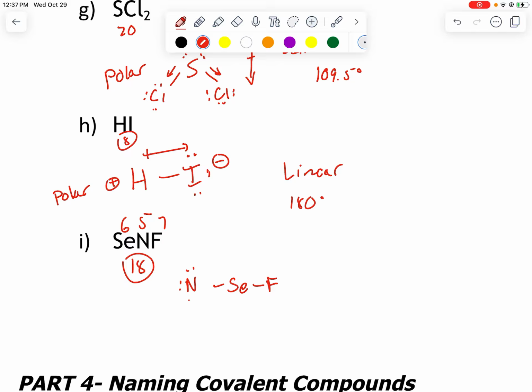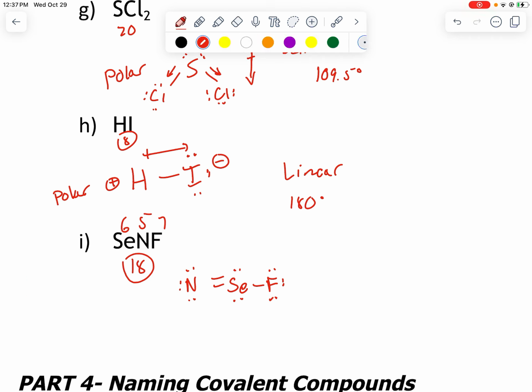Give everybody 8. So this is 20 right here, so we're over by 2. So we're going to double bond the nitrogen because fluorine only really likes to form one bond. Because how do we know that? Fluorine has 7 valence. It has 1 bond available. So it would like to just form a single bond. Nitrogen can form up to 3. So that's why we give the double bond to the nitrogen.